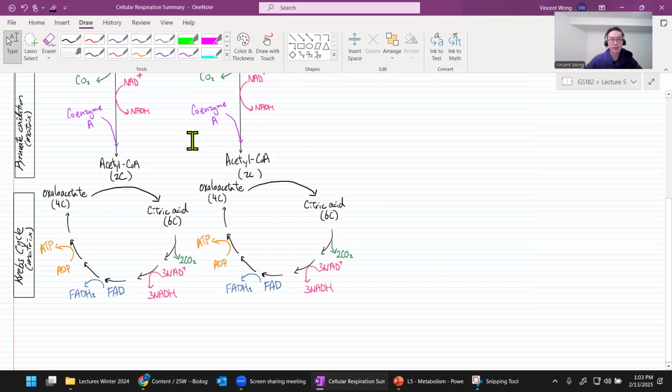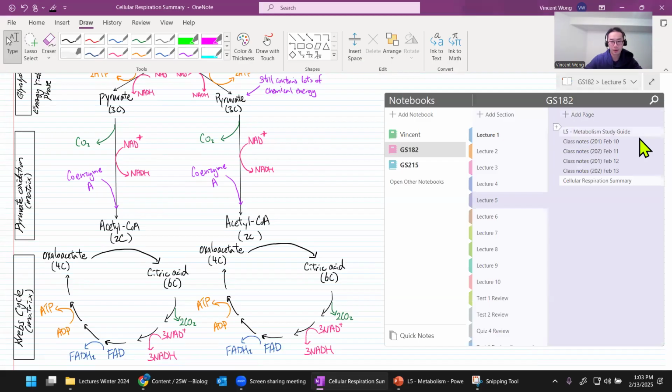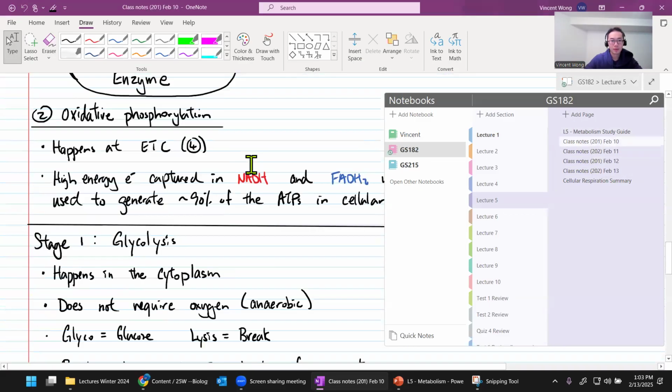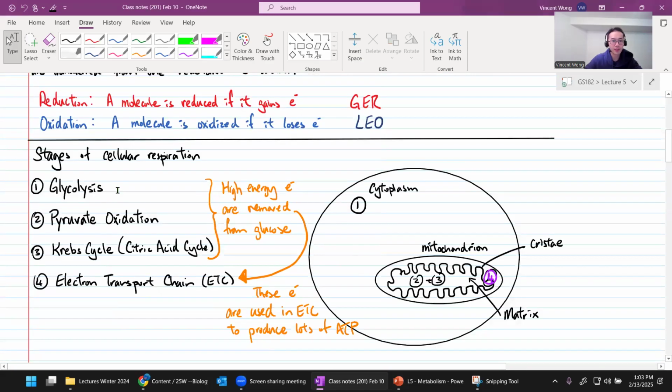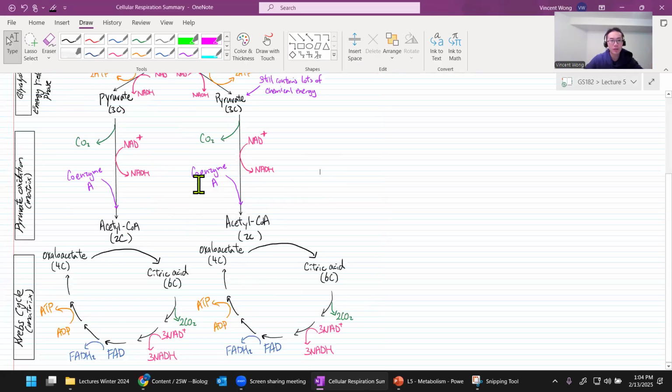So that's the first three stages. Now, hold on. I just want to refresh your memory one more time. The first three stages, it's all about releasing high energy electrons, right? Oxidizing the glucose, oxidizing the pyruvate, and so on and so forth. And all those high energy electrons are being captured by energy carriers.